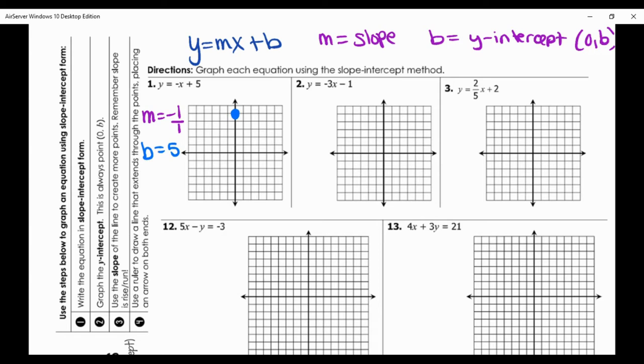So the slope is -1 over 1, so we can go down 1 to the right 1. Down 1 to the right. And we're going to keep doing this until we have plotted as many points that can fit on this coordinate plane.